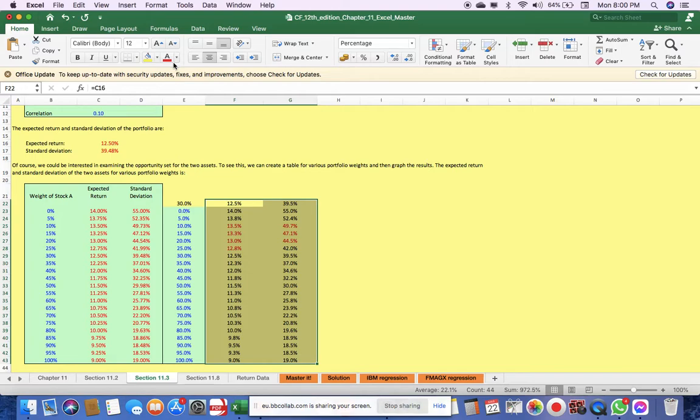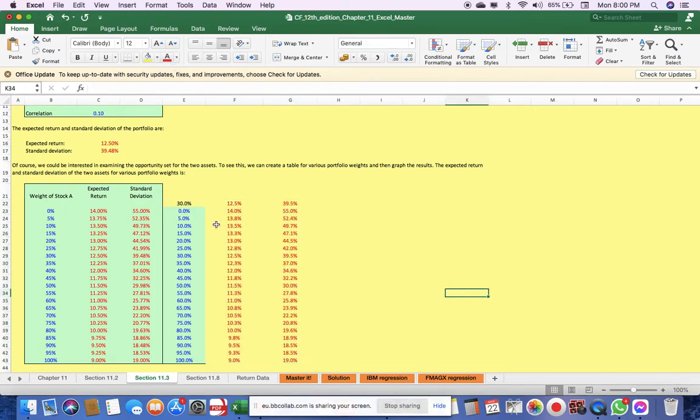Make it red font. Yeah. Now see, at 0%, 14.55%. See, 14.55%. And what I will do now, this one I will erase.